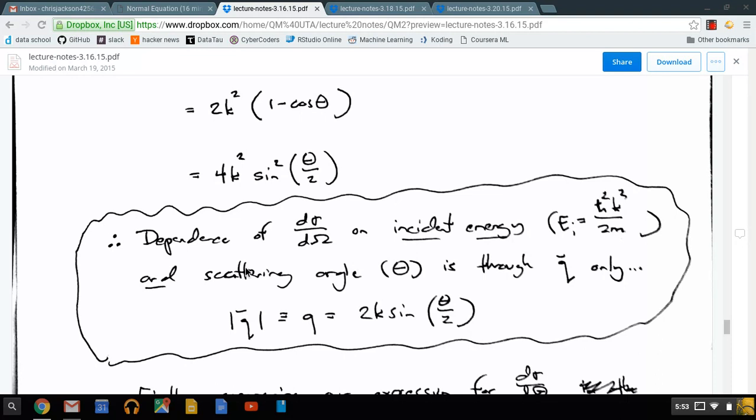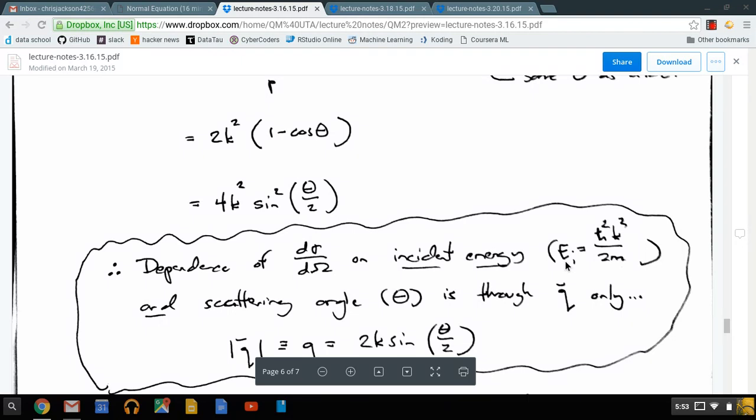The important thing is that the differential cross section's dependence is on the incident energy. So like I said, we can write that factor of k squared in terms of our initial energy and the scattering angle, right? And that's the only dependence on those two quantities in our expression for the scattering cross section, right? Because this guy just depends on the position r.